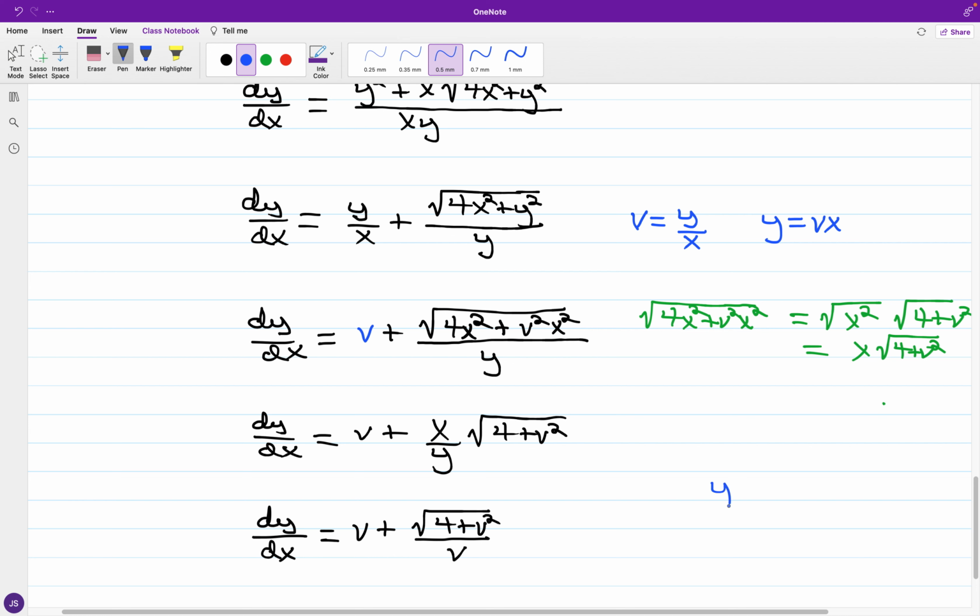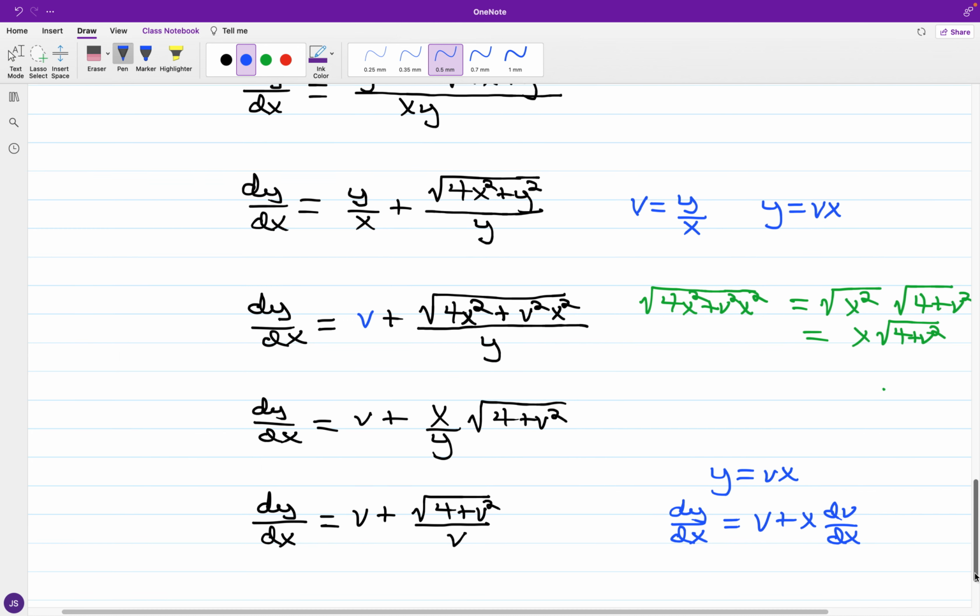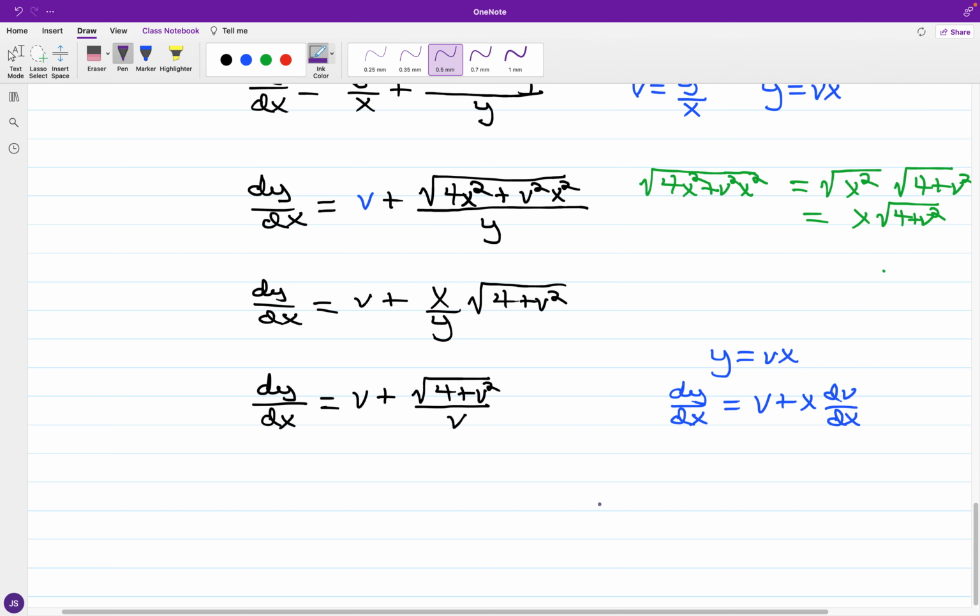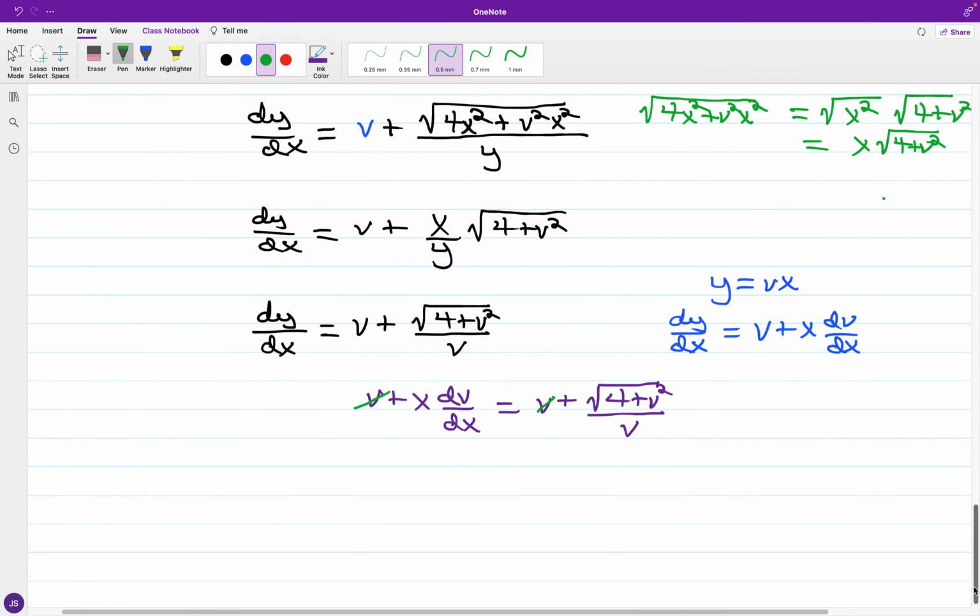And once again, going back to y is equal to v times x, expressing in terms of dy over dx, we have once again equal to v plus x dv over dx, and taking what we have for both expressions in dy over dx, if you notice, we'll have the v's cancel out, and getting what we have in v and x by themselves.